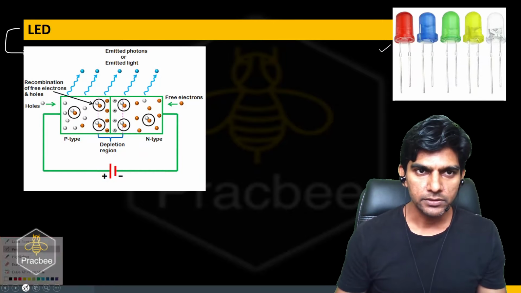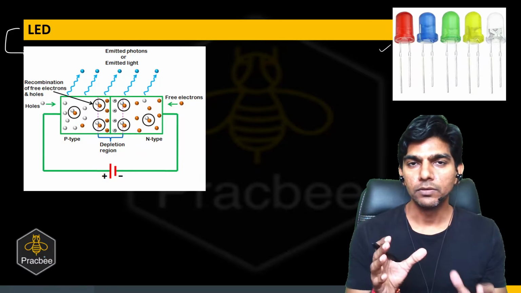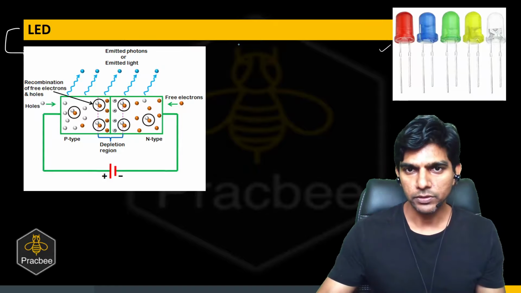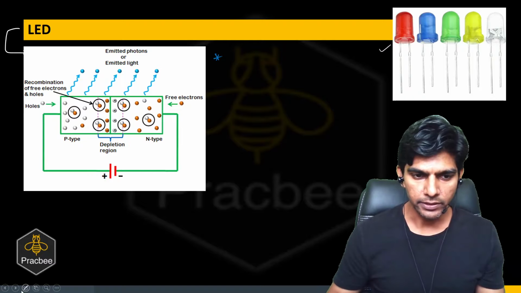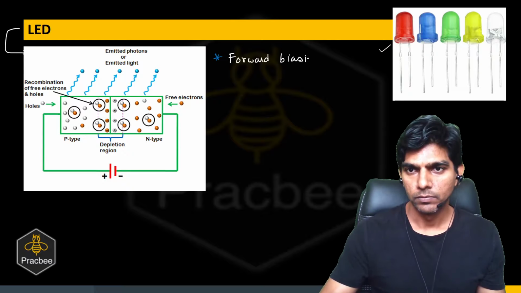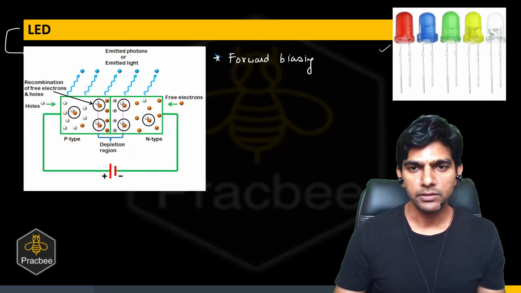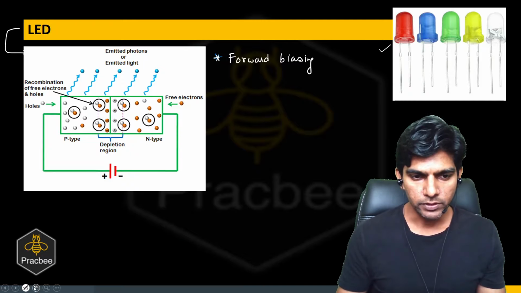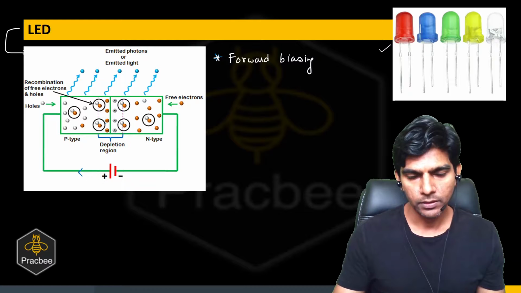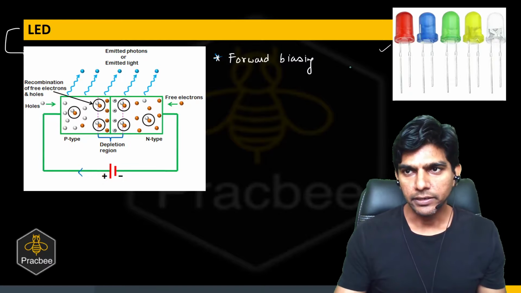Now let us see what happens in the case of an LED. We have a diode, and we operate this diode in the forward biased mode. Remember this, it is operated in forward biased mode. And what is happening in this case? In an LED we have a glass, right?